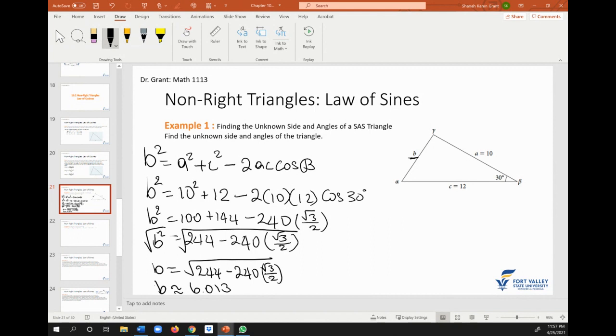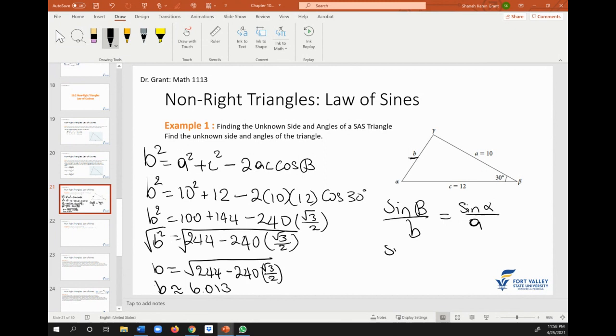Because we have b, we can use the relationship. Previously we didn't have b, and we didn't have alpha or gamma, so we really couldn't use the law of sines. But now that we have b, we can use that ratio of sine over the side to find alpha or gamma, whichever one we choose.